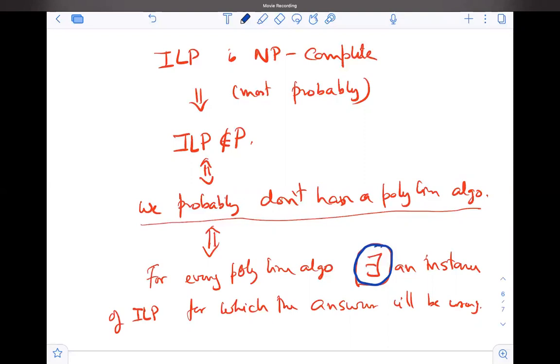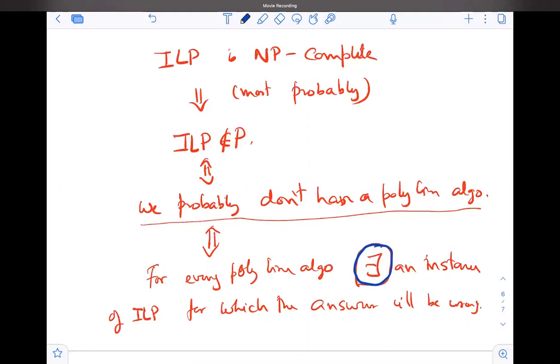So if we were to reduce our input set, essentially the restricted problem. For example, vertex cover for general graphs is hard, right? It is NP complete. So possibly you don't have a polynomial time algorithm for that.